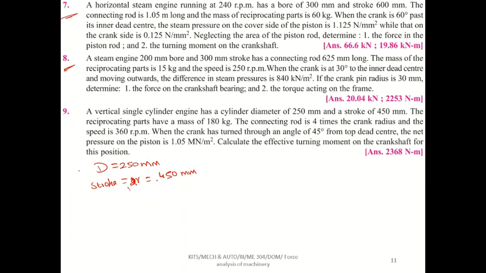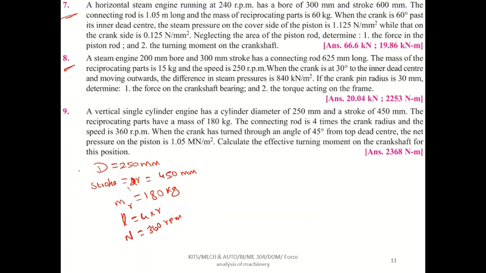Then reciprocating parts. The connecting rod is 4 times the crank radius, so it will be L equal to 4 into R. Then speed is 360 rpm. When the crank has turned through an angle of 45 degrees from the top dead center, the net pressure on the piston.